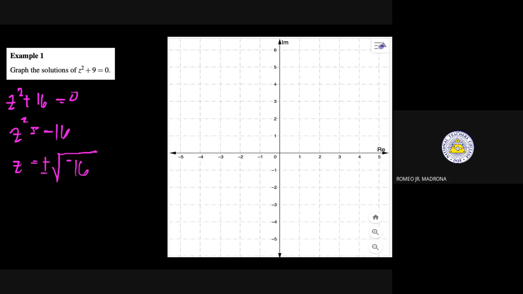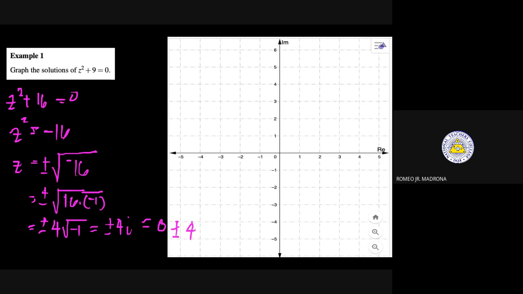And we know that square root of negative 16 can be divided into square root of 16 times negative 1, diba? And square root of 16 is 4, and square root of negative 1 is i, or positive negative 4i, diba? Okay, so which means that this could be expressed in terms of 0 plus or minus 4i.